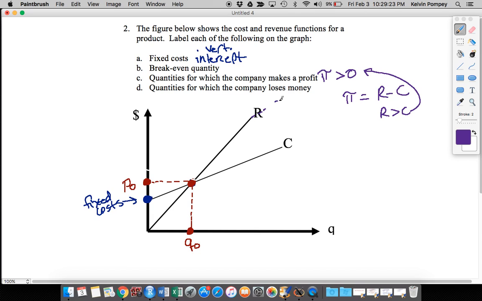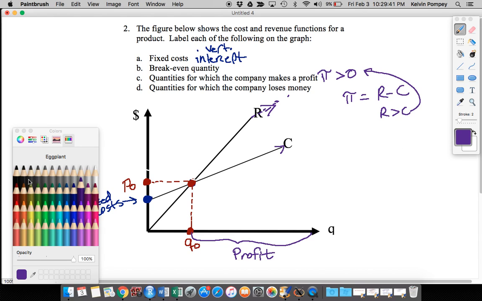And I want to know when the revenue curve is actually on top here. And if I were to extend this, for instance, I would see that from Q naught to the end of my graph, so let's say our graphs continued here, these will be where our company will make a profit.